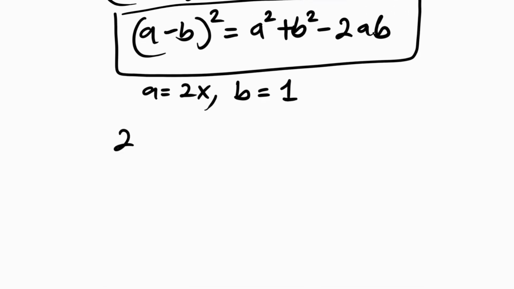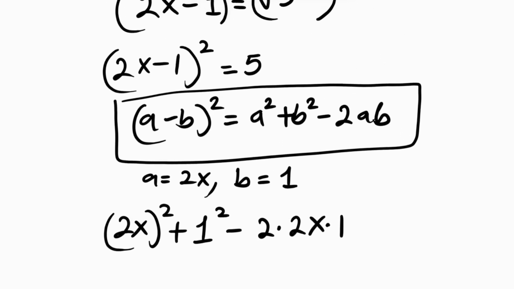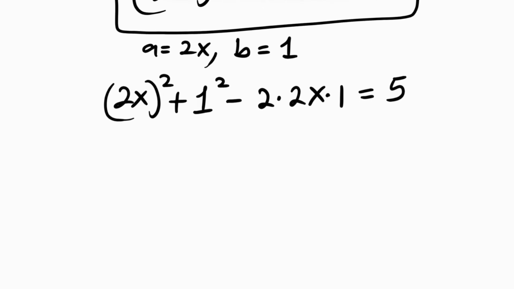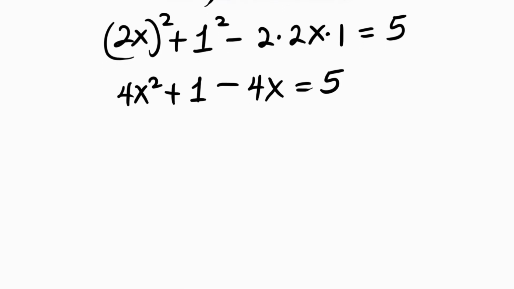So we have (2x) squared plus 1 squared minus 2 times 2x times 1, and that's equal to 5. So (2x) squared will give us 4x squared plus 1 minus 2 times 2 times 2x times 1 will give us 4x, equals 5.